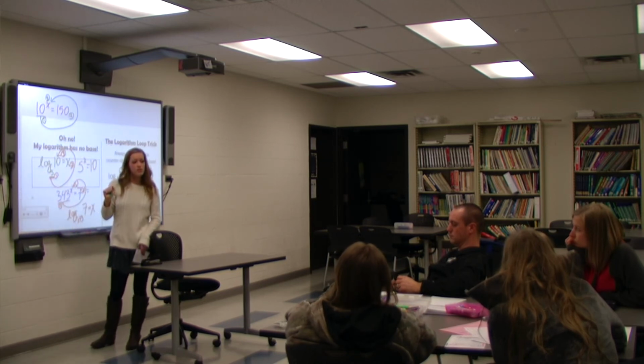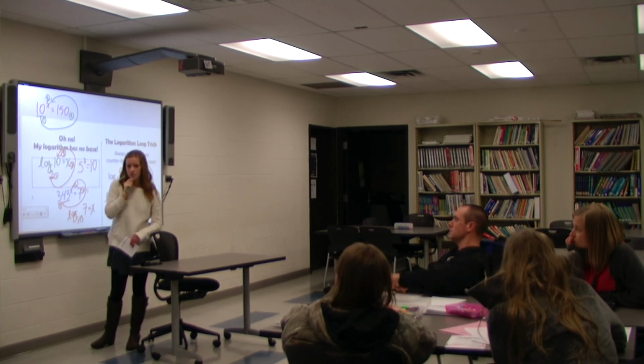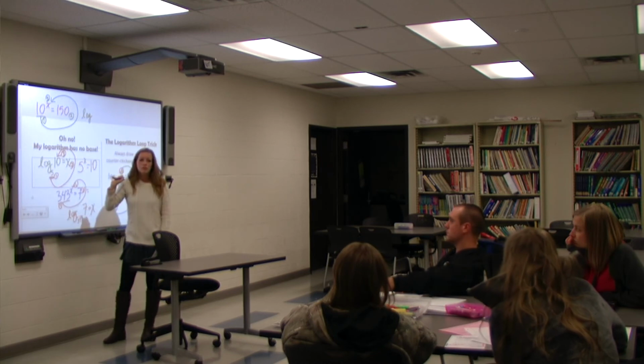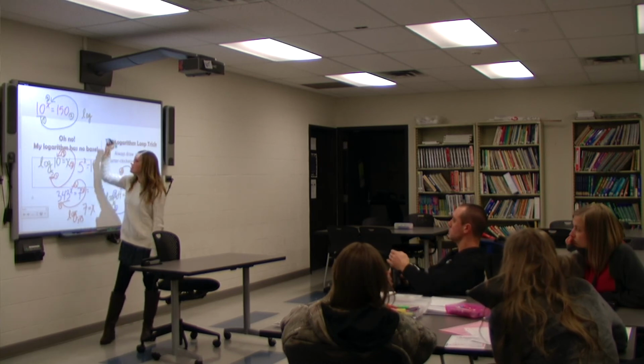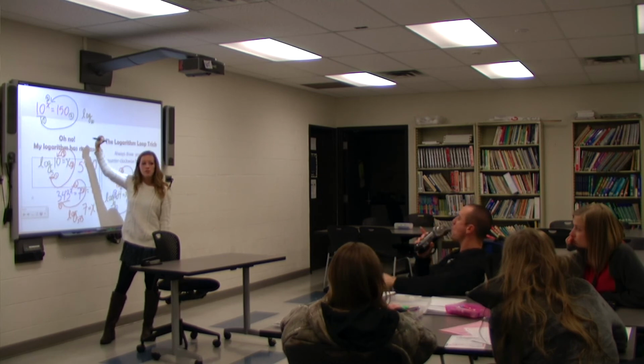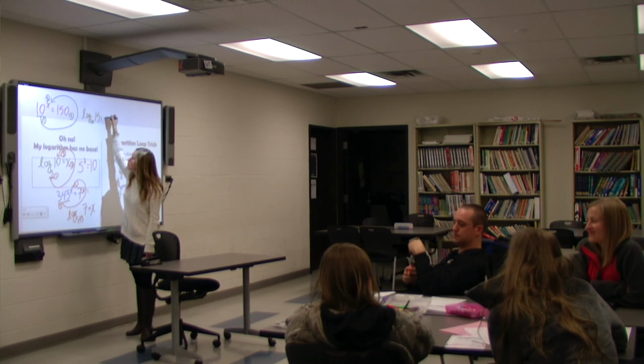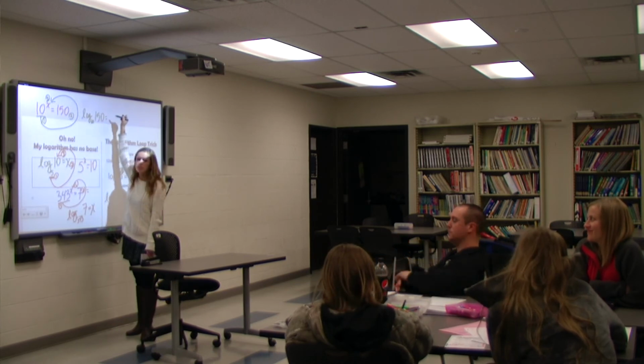So what do we write out first? Log, correct. So log base 10. Good. What's our next value, our second value that we write down? 150. Good. Equals x. Good.